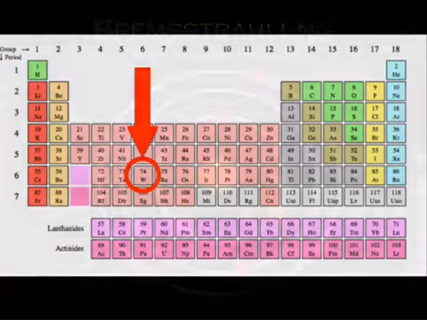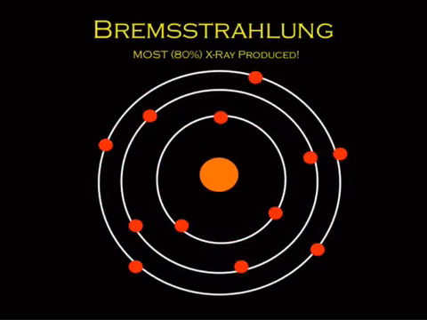All right, so the last thing is these radiative losses, or Bremsstrahlung losses, and this is actually the majority of what the X-rays that are made is. Like 80% of your X-rays that are made are actually made like this. So that German word that I'm probably pronouncing wrong, that means braking or slowing down.